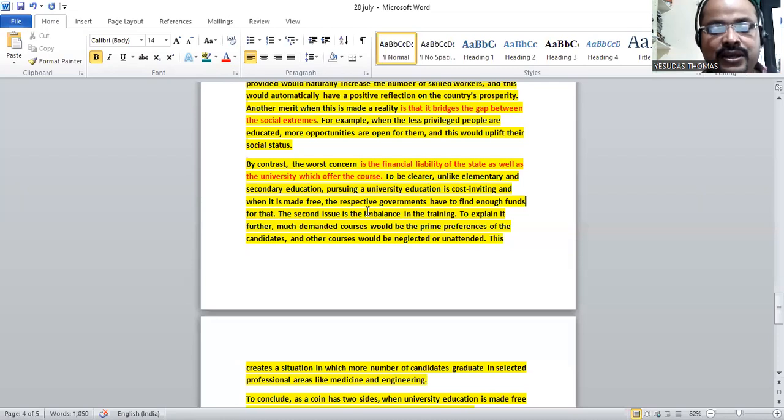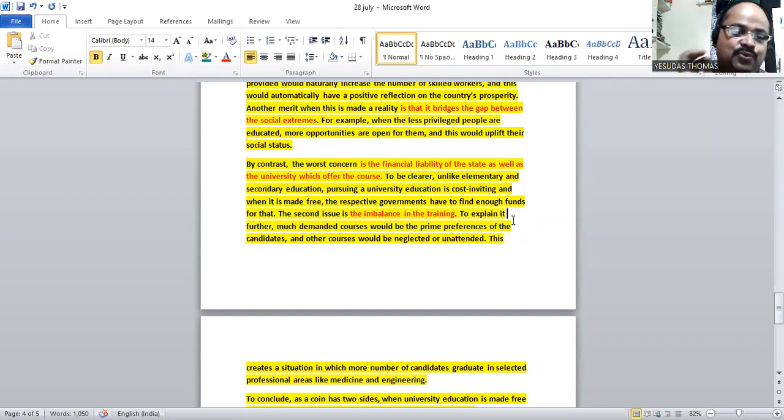The second issue is the imbalance in the training. Again, we do have the second thing. So when we are providing free education for all, with universities providing all the courses free of cost, only much demanded courses will be attended, and the rest will be neglected, and sooner or later there won't be any people training in those particular areas, and that would be left unattended.